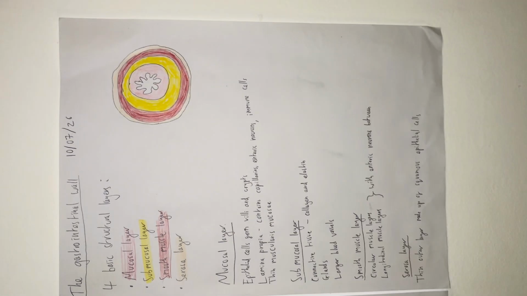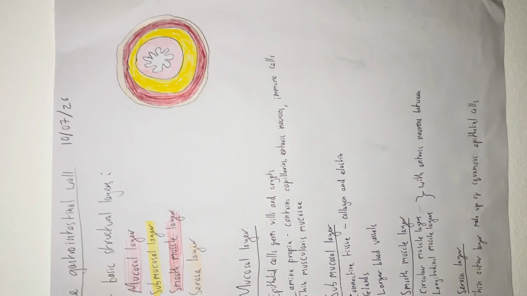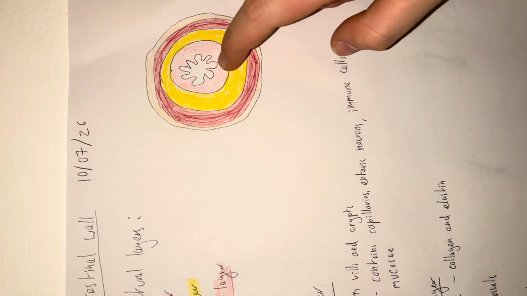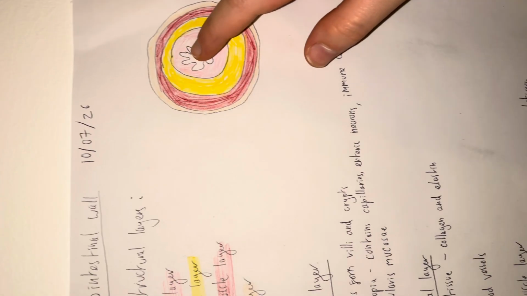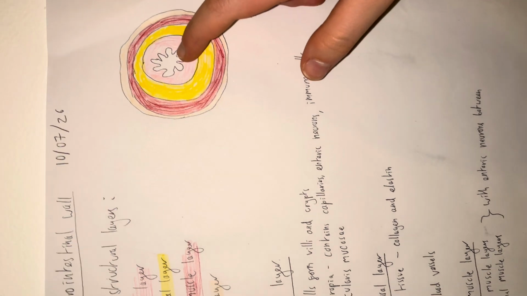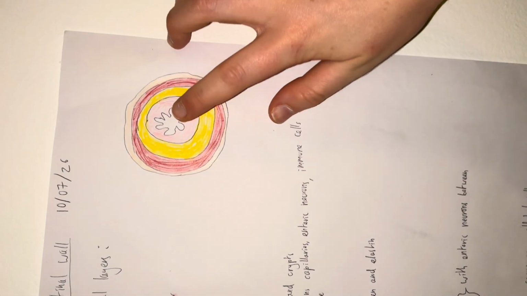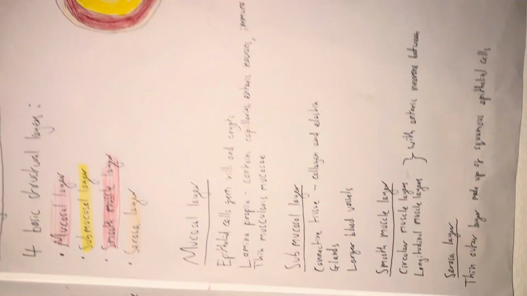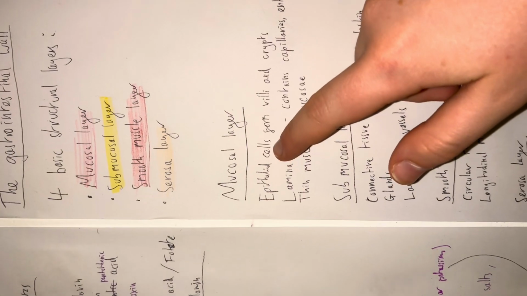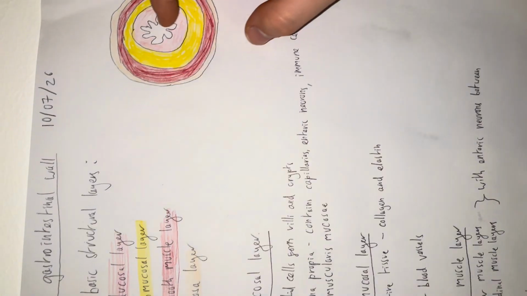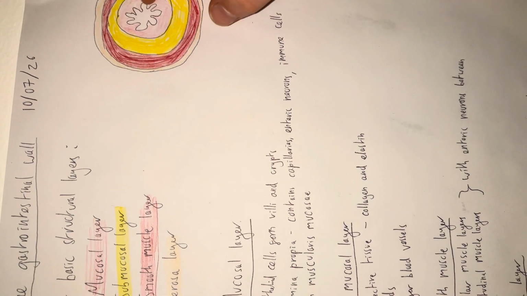Now if we move on to the gastrointestinal wall, what I've learnt is there are 4 basic structural layers. We have the mucosal layer, which you can see here, and that is the first layer that is in contact with, what do we call that? I'll just call it the substances, the chyme, yeah. So this is where we have the villi and the microvilli, and so obviously it's got the epithelial cells, and then it's also got lamina propria, which is like most of this stuff here.